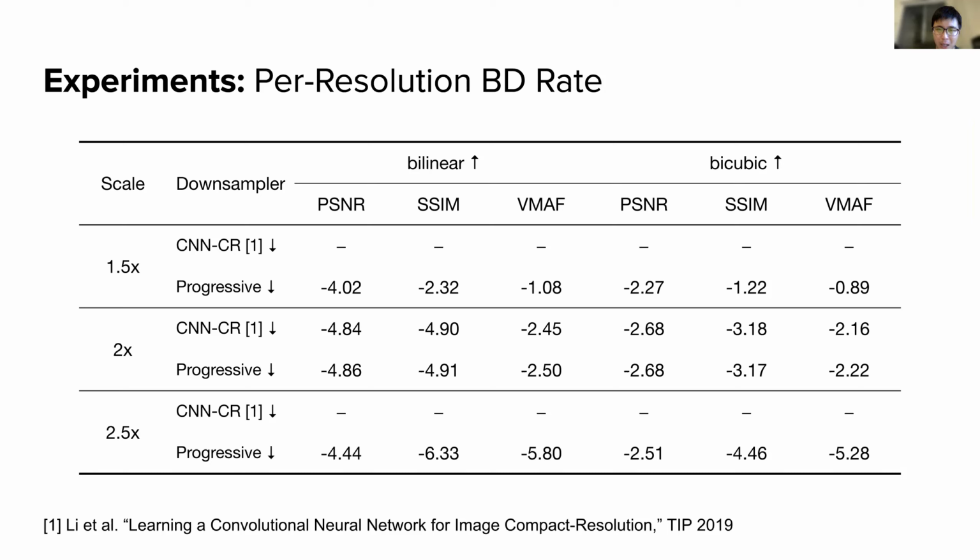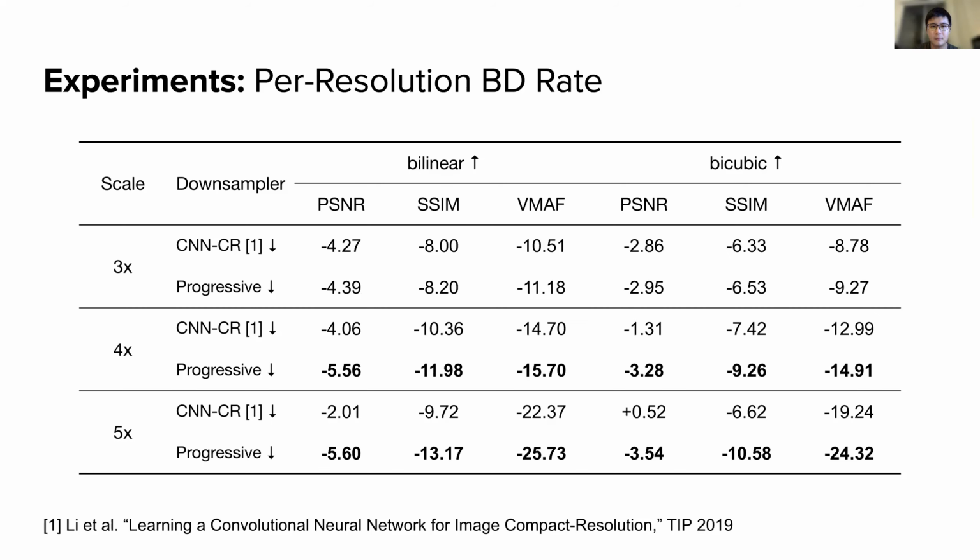Performance-wise, these two models were almost identical, where we can see improvements over Lanczos baseline on different scenarios. However, as the scale factor goes up, we started seeing that the proposed progressive architecture performed better than CNN-CR, especially on 4x and 5x. Again, we see improvements over Lanczos on most of the cases, except one anomaly.